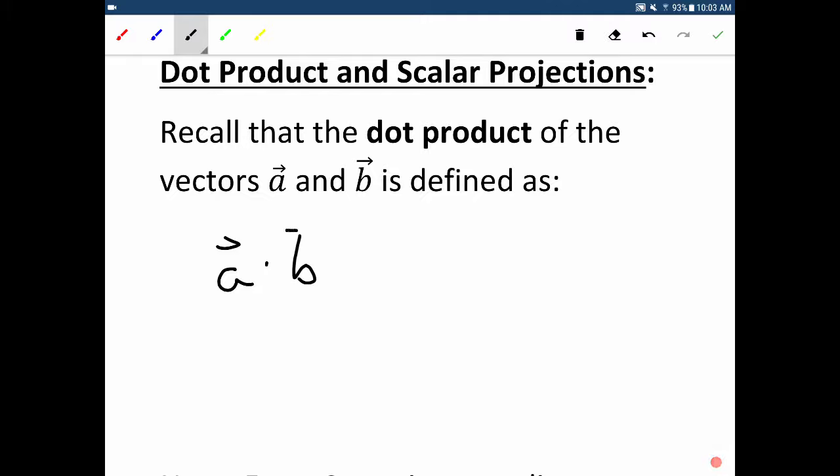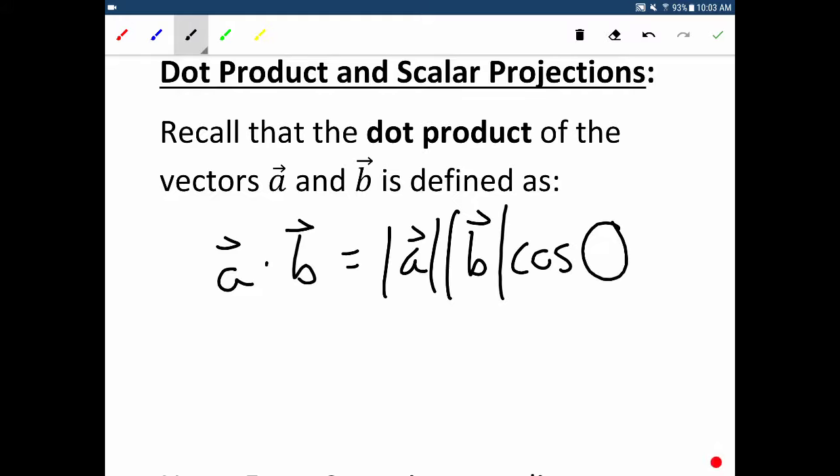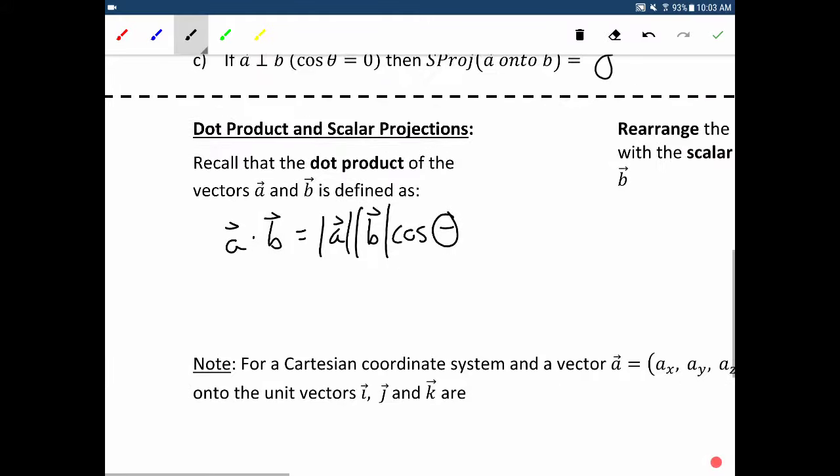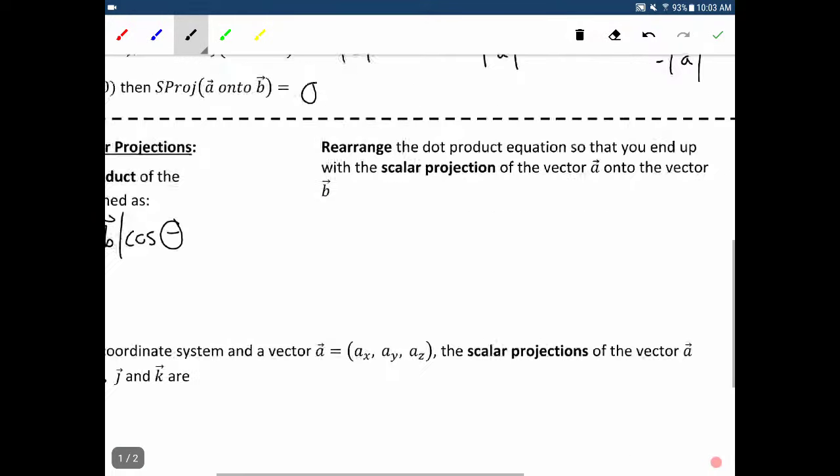You need to remember that we defined the dot product as the magnitude of A times the magnitude of B times cos theta. And you'll notice this looks pretty similar to that projection formula.